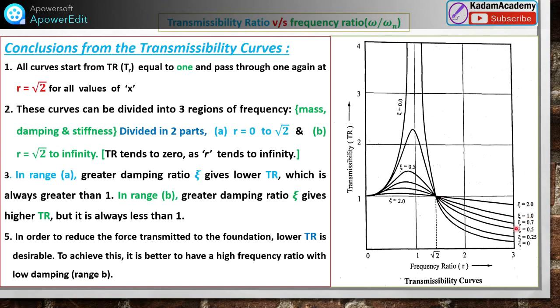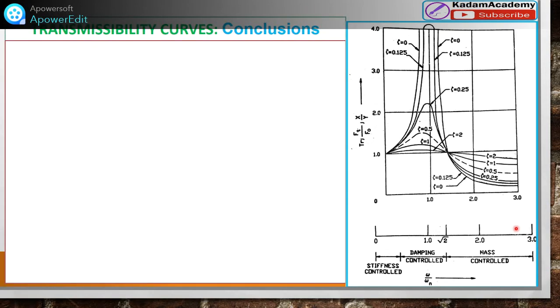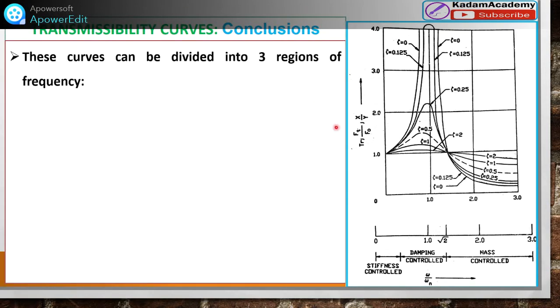This after-line region is where we again study the transmissibility curve in detail. This curve can be divided into 3 regions. Already we have studied this; it is the same curve, the same diagram. These regions are respectively controlled by the 3 parameters of the system, that is, the mass, damping, and stiffness.